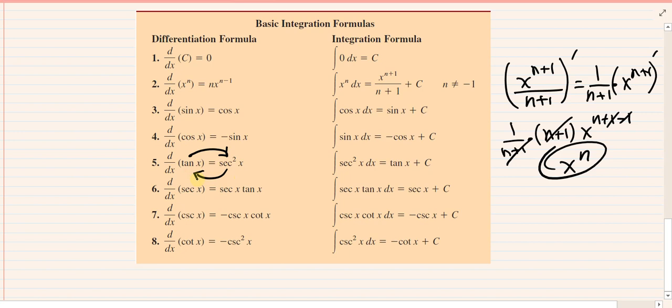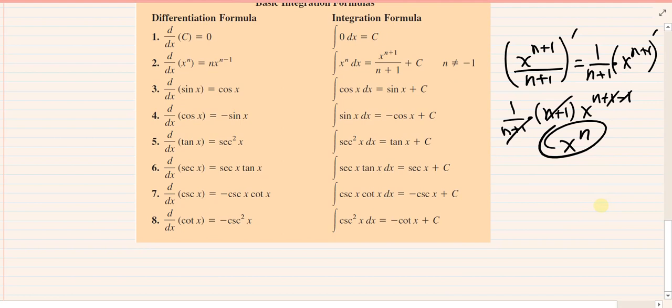Well, think about the function whose derivative gave you secant squared. So a lot of people remember this in terms of differentiation formulas, and they just extend it to integration. And there you have it. So again, these are the antiderivatives that we're going to be working with in this section.